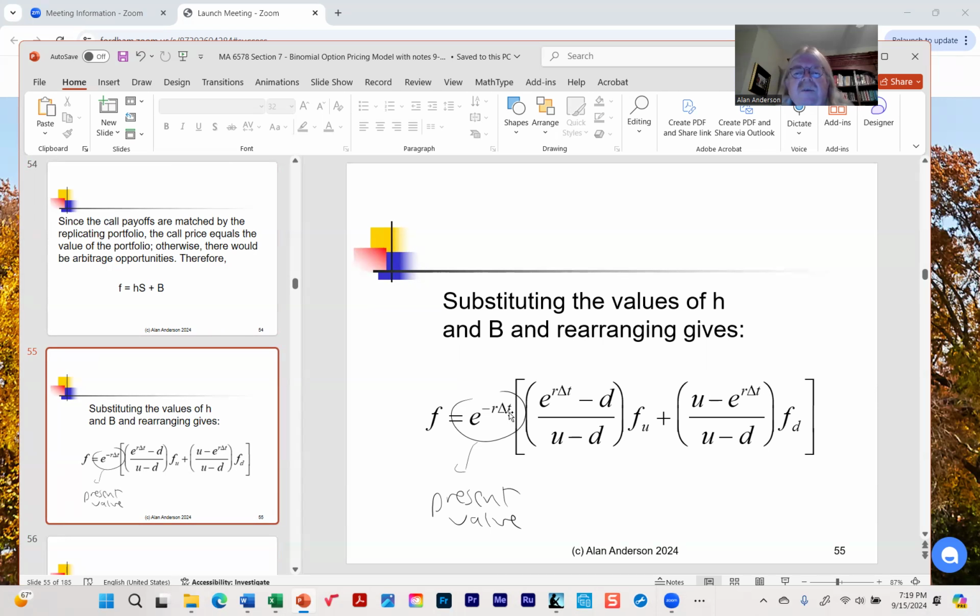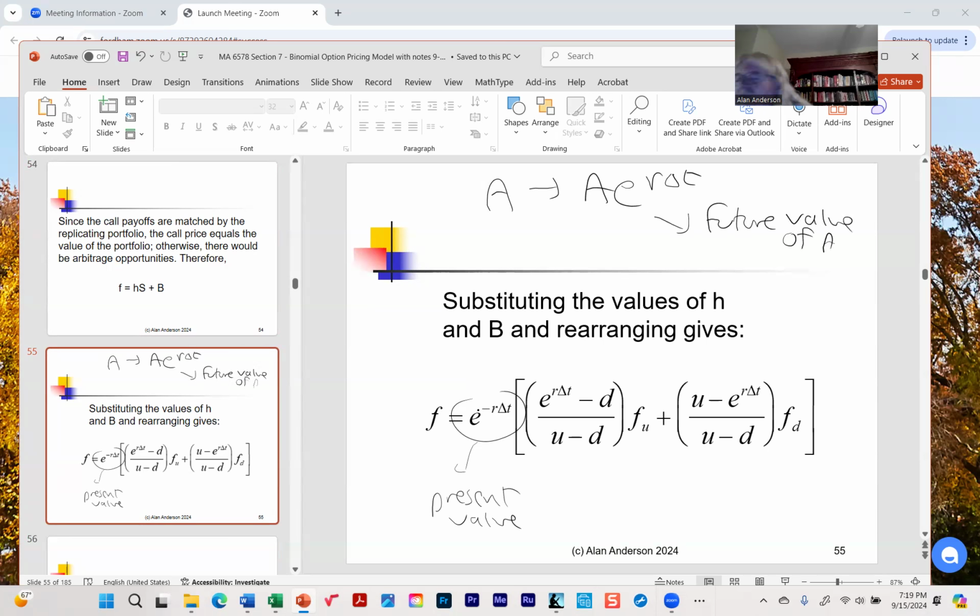So remember we had that diagram before. A rose to A e to the r delta t. If this is a risk-free investment, we can flip this around. Say, well, listen, what if it's the other way around? What if I want to know the present value of A?